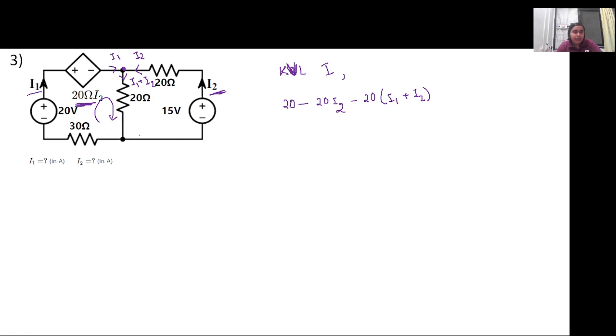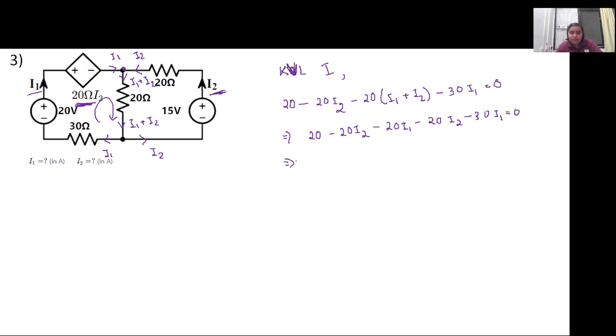Then again this same current I2 will be going here and I1 will be going here, because I1 plus I2 current is coming out. So through this 30 ohm resistance we have again current I1 flowing. So it is minus 30 into I1 equal to 0. This is one of the equations: 20 minus 20 I2 minus 20 I1 minus 20 I2 minus 30 I1 equal to 0.